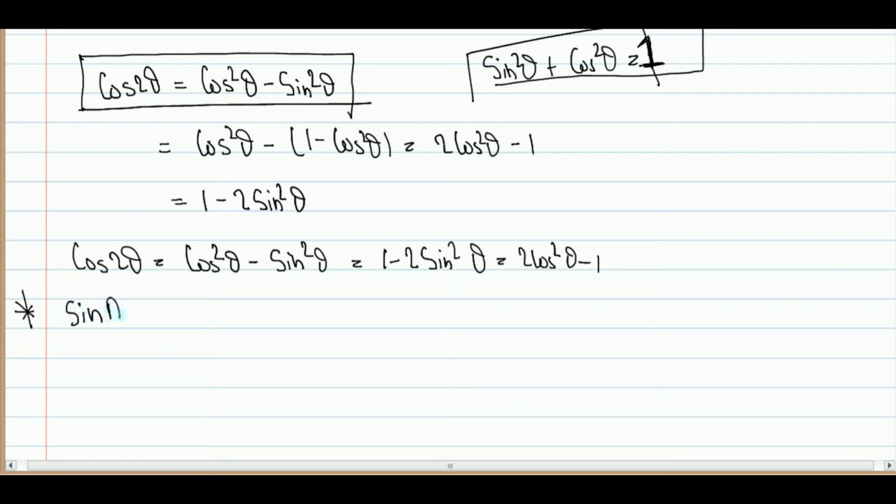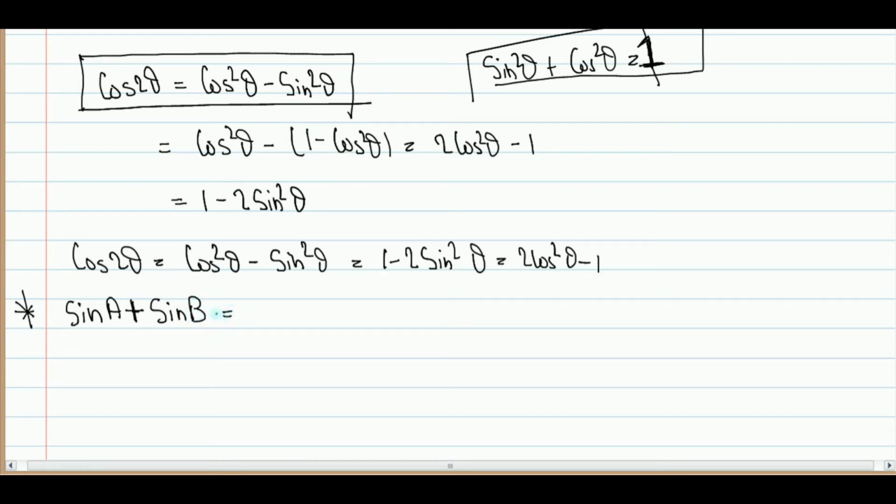What about sine a plus sine b? There was the addition of angle, but now there is no addition of angle, there is addition of the trigonometric function itself. What will be the value of sine a plus sine b? Not sine a plus b, sine a plus sine b.